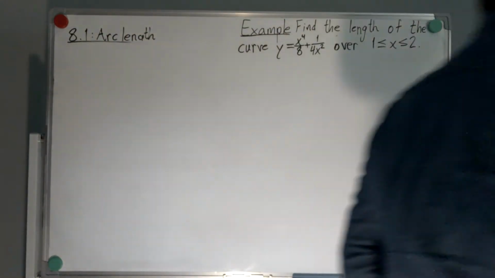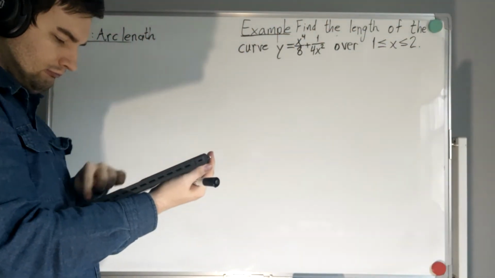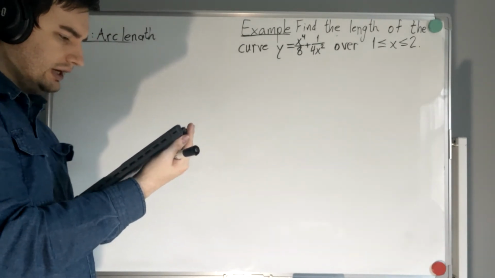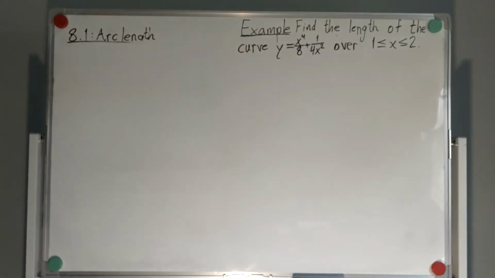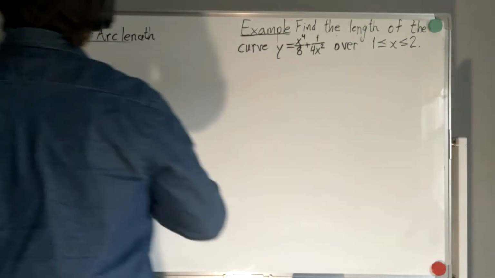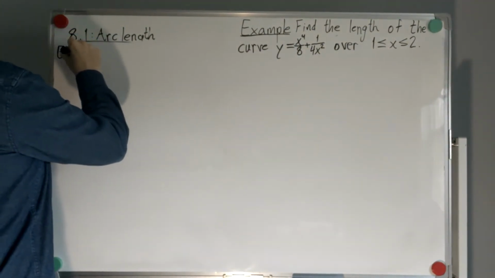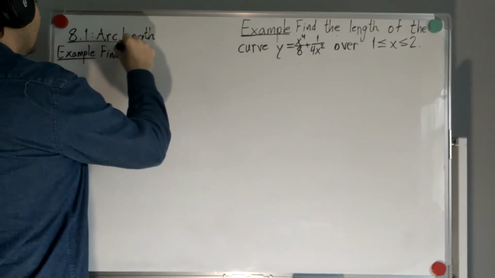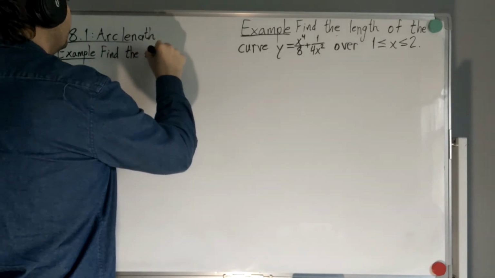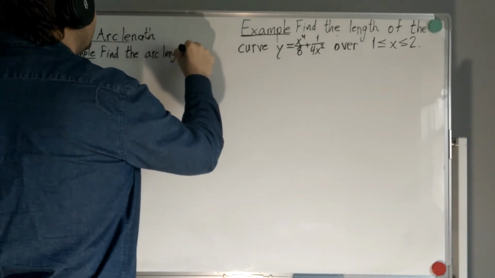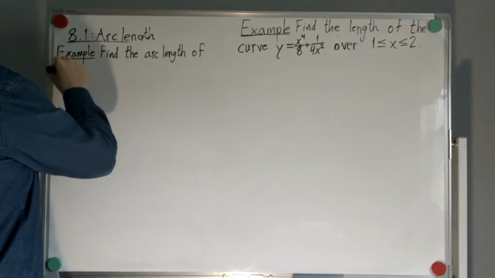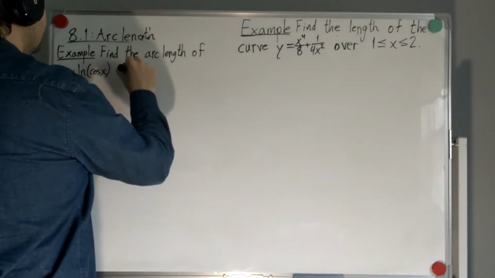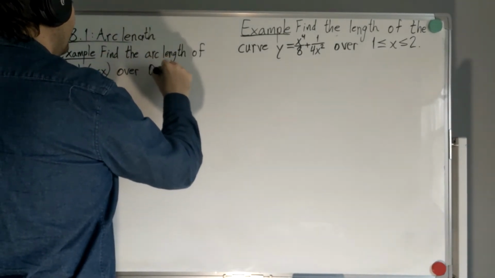Let's see here. Next up, we have natural log of cosine of x from 0 to pi over 3. So find the arc length of y equals natural log of cosine of x over the interval from 0 to pi over 3.